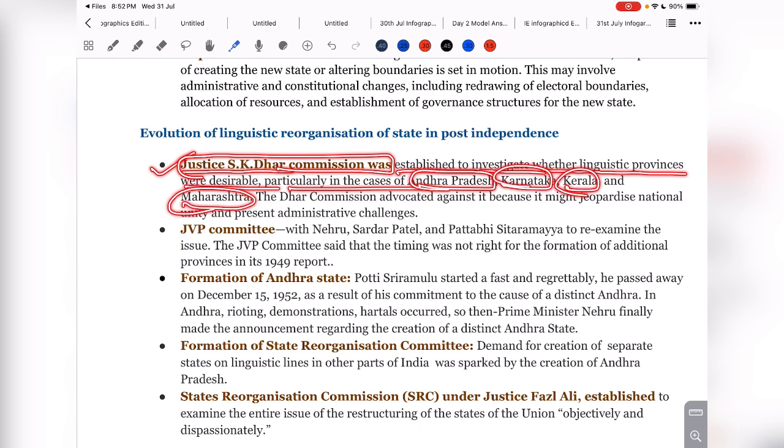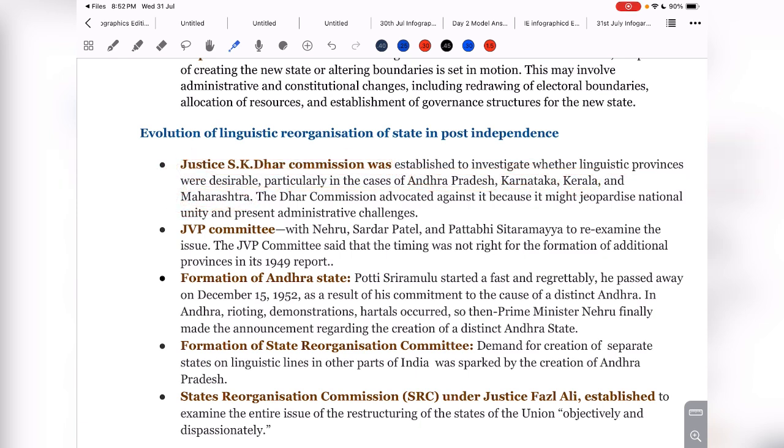What happened after independence? There was a large number of demands from states like Andhra Pradesh, Karnataka, Kerala and Maharashtra for creation of states on linguistic lines. ठीक है, so to look into this issue, the government appointed the Dhar Commission. ठीक है, Dhar commission को appoint किया गया, and what was the opinion of this Dhar commission?